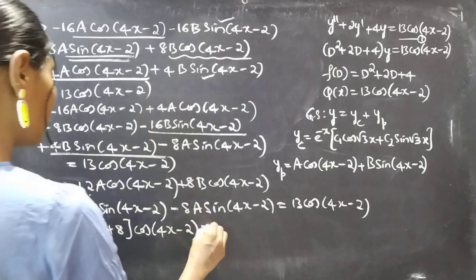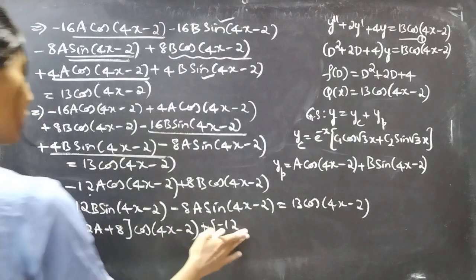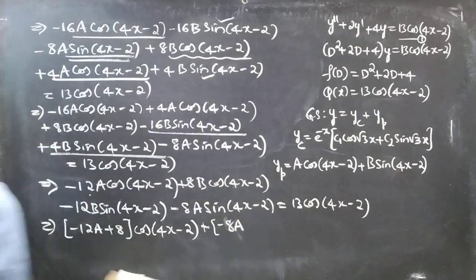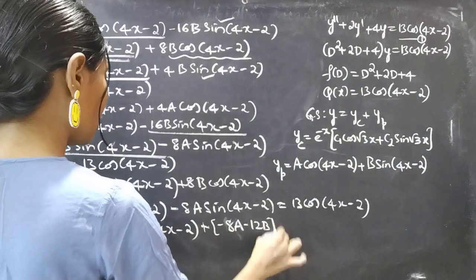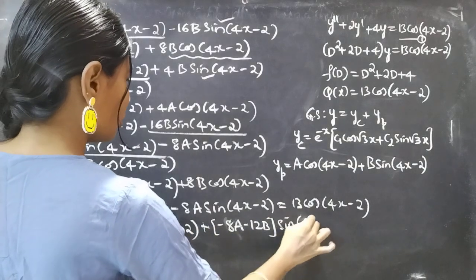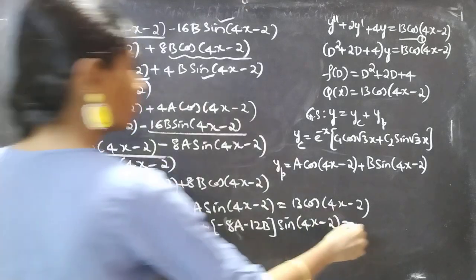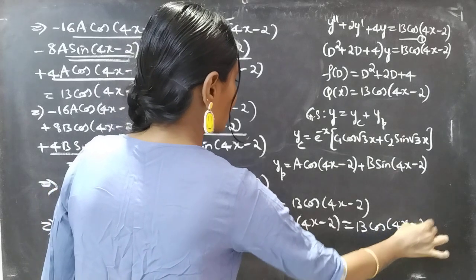You'll have minus 8a minus 12b into sine of 4x minus 2 equal to RHS part, 13 cos of 4x minus 2.